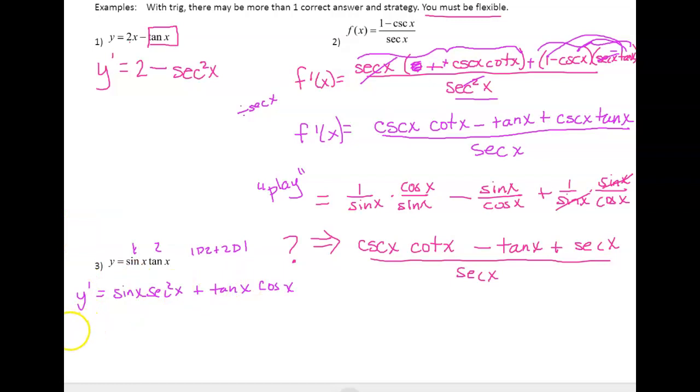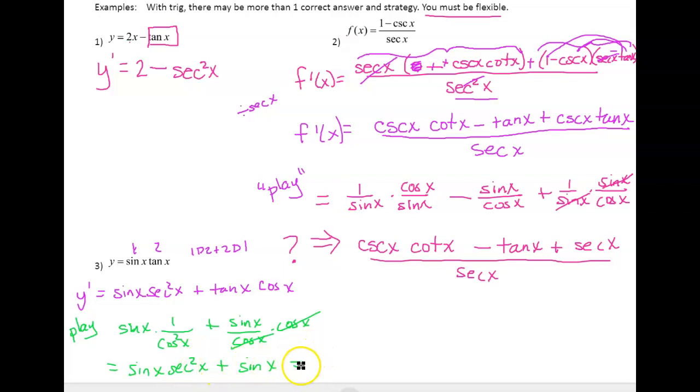If we play, so I'm just going to say play, well, we have sine, secant squared is 1 over cosine. That's not much simpler. Tangent, we would be able to reduce. So maybe they have, let's bring this back to sine, secant, plus sine.